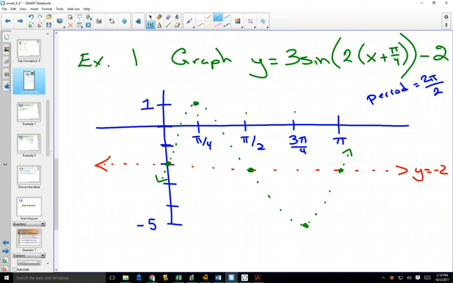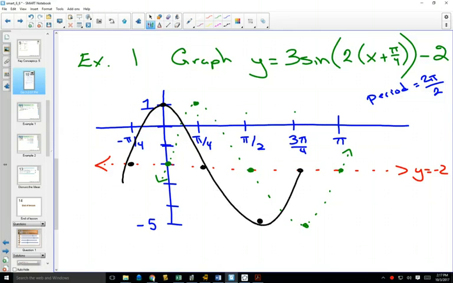It's going to be pi over 4 to the left. So luckily, our spacings are already pi over 4, right? So we can take each of the points we have and move them pi over 4 to the left. And once you've got those 5 new points, now we can draw our final graph.